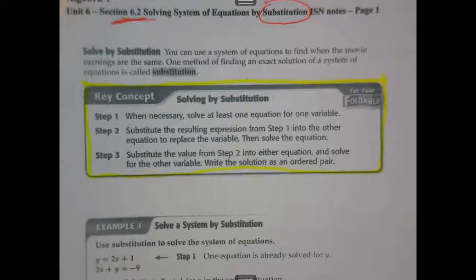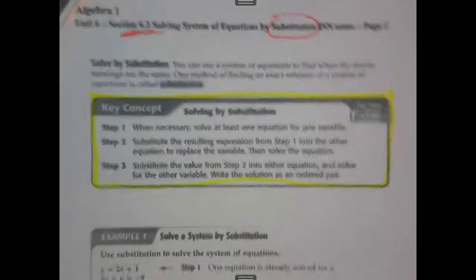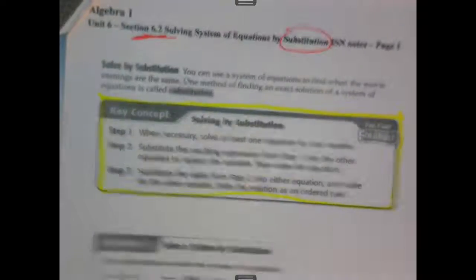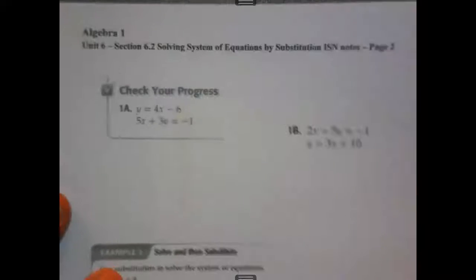Here's a mistake that students have a tendency to make: they forget to find both variables because you have to go back in and plug it in. Okay? So let's look at an example. Example 1 is done for you. Let's do 1A. Okay?